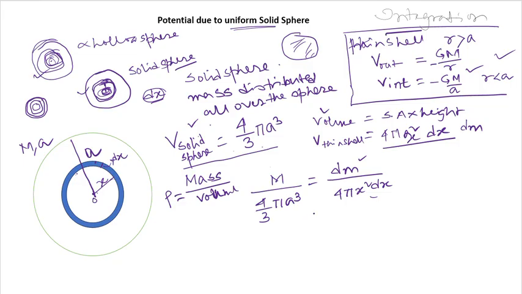Now from here, the 4 pi will get cancelled. Now we are getting dm equal to 3m by a cubed into x square dx.